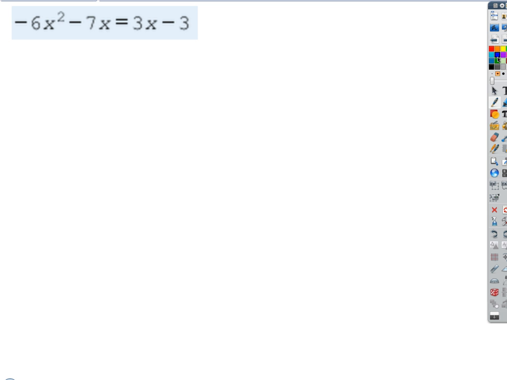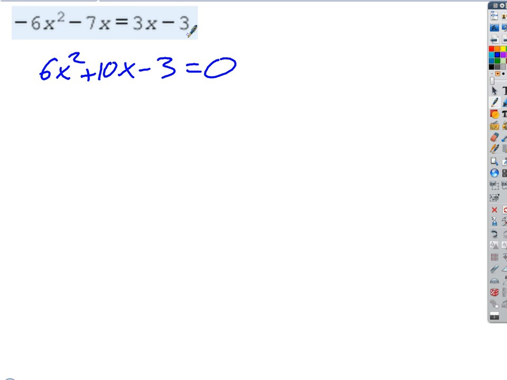So we'll push everything to the right side and get 6x squared plus 10x minus 3 on the right side. And so on the left side we'd have 0, but let's make that on the right side so it looks better.